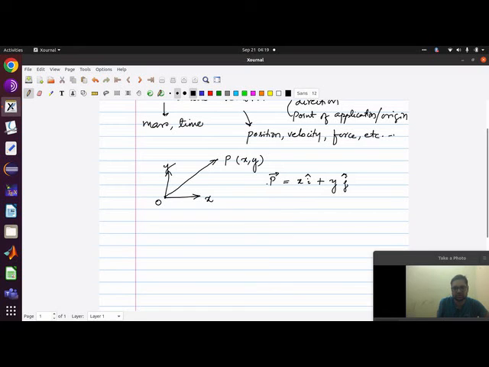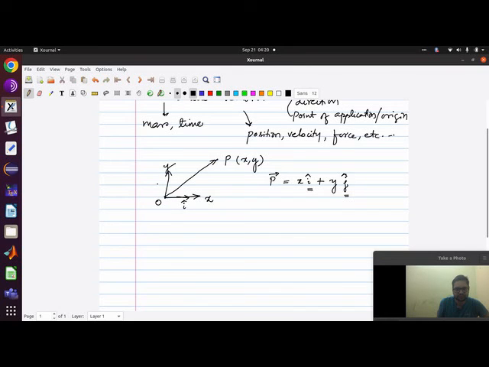What this means is if you want to go from origin O to point P, you have to travel x units along this unit vector and then travel y units along this unit vector. So this i cap is nothing but a unit vector along i.